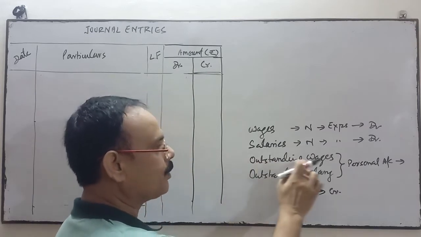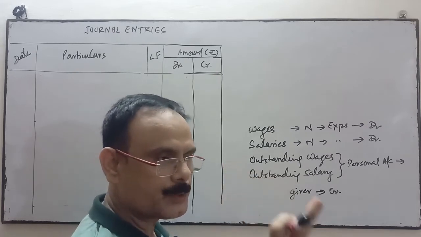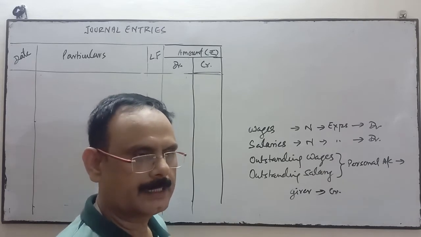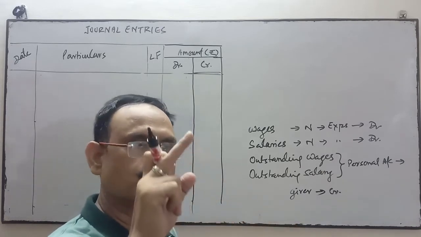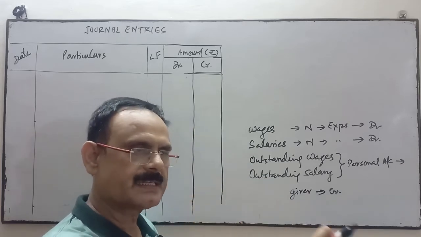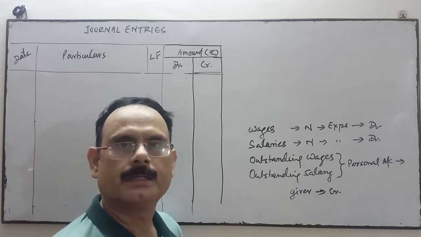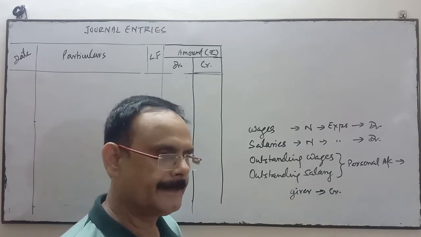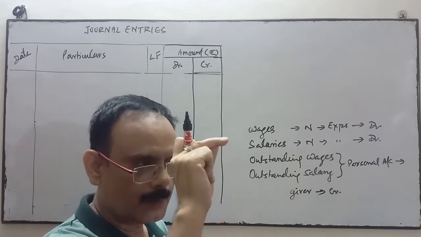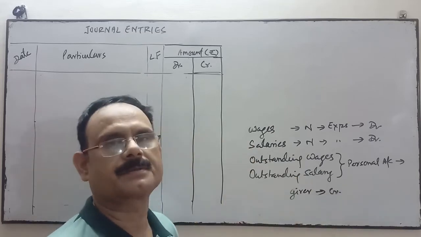Outstanding salary and outstanding wages represent that employee whose salary or wages is not paid. If we have not paid the wages and salary to them, however they have completed their work of that month or that particular year, it means that the amount of the employee is in the business.